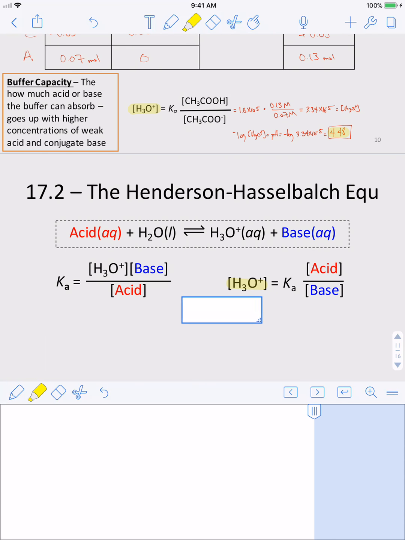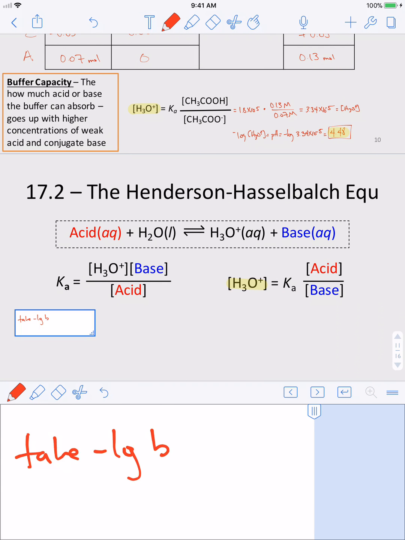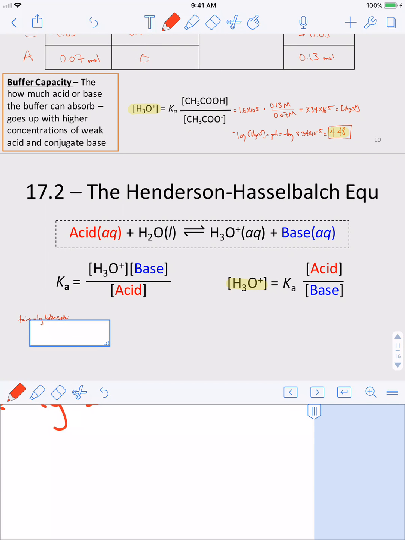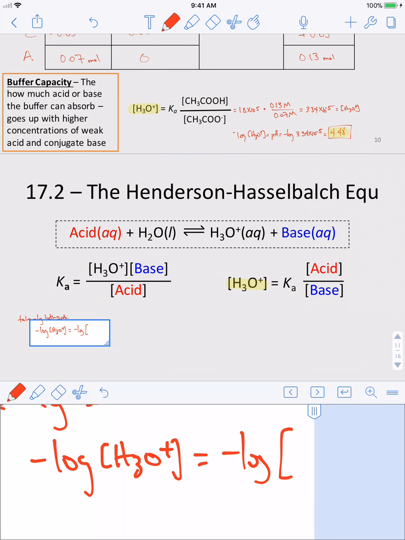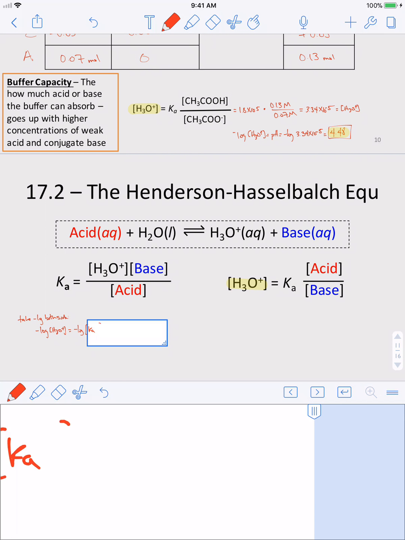All right, so if we take this formula that we've been using, let's take the negative log of both sides. When we do that, negative log of H3O+ is on the left-hand side, and we get negative log of Ka times concentration of acid over concentration of base.